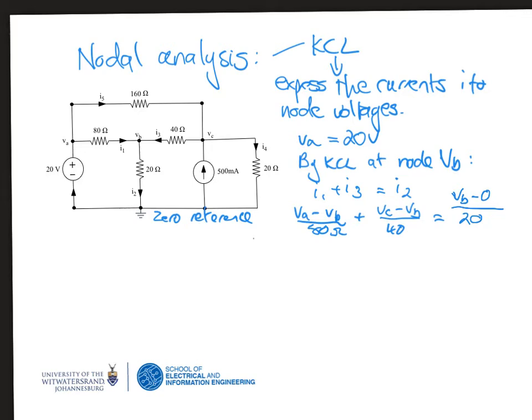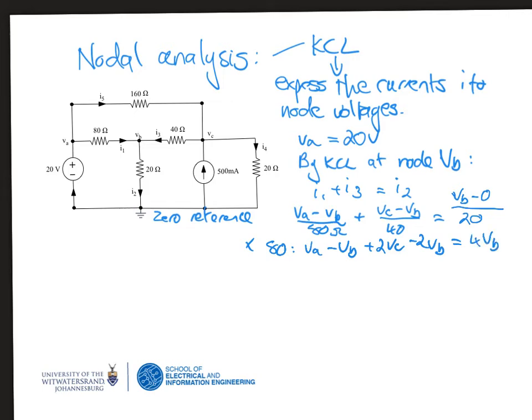So we multiply that out by 80, and remember that we get VA minus VB plus 2VC minus 2VB, and that's equal to 4VB.